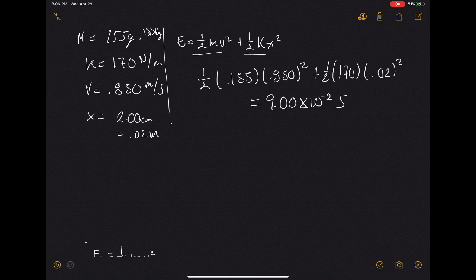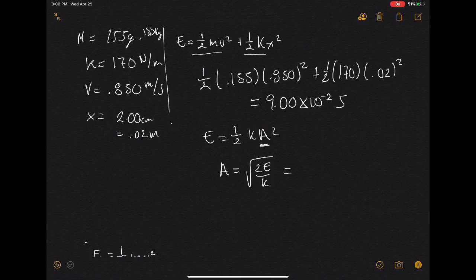So now we have to use the energy equals 1/2 k A squared, which you can get using the oscillation formulas. So if we need to get the amplitude, we just have to solve for that, and that's going to give us the square root of 2E over k.